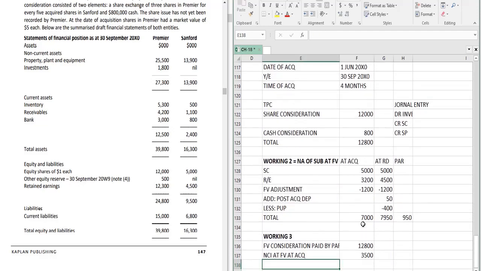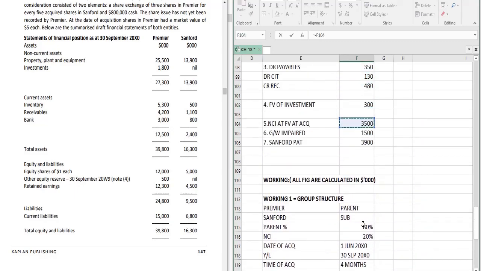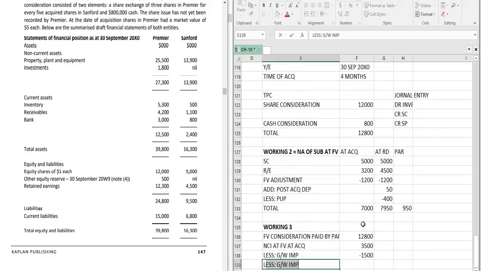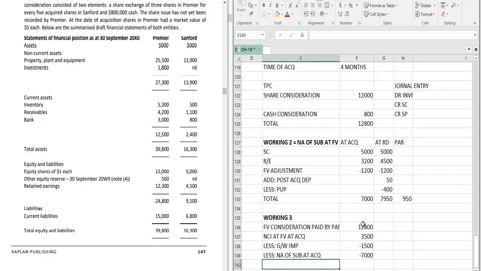So now we will deduct goodwill impairment, which is already given in the question. Then we will deduct the net assets of the subsidiary at acquisition, which we have calculated, that is 7,000. So now goodwill, we will just add this amount.